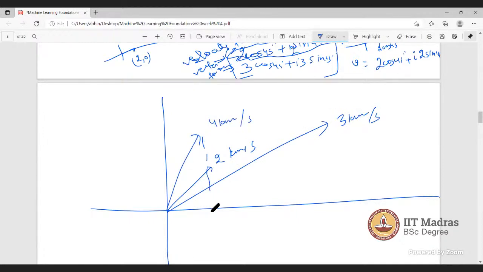Now all these components you are stacking together in a matrix.